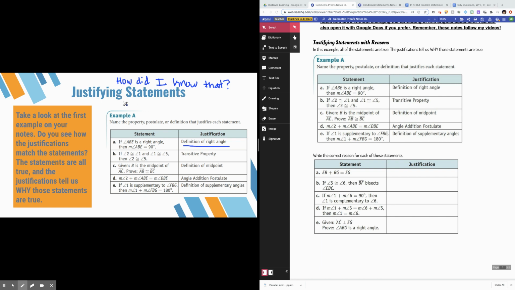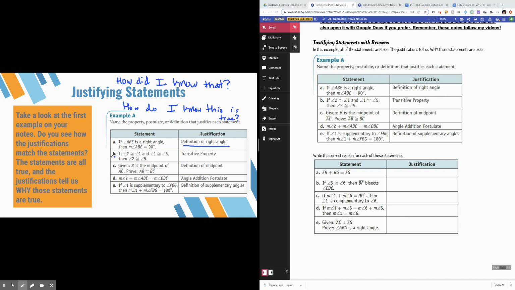How do I know this is true? What geometry rule or definition or postulate or property tells me that this statement is true? For this one, it's the definition of a right angle.